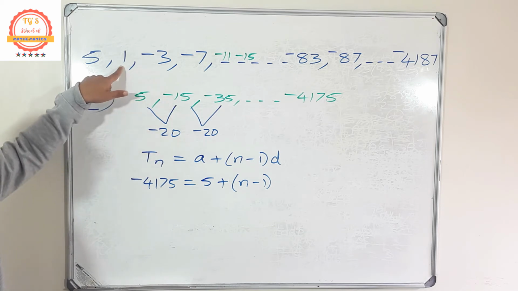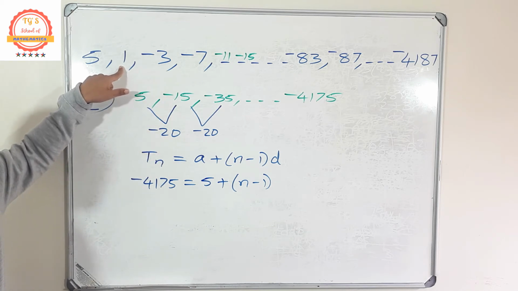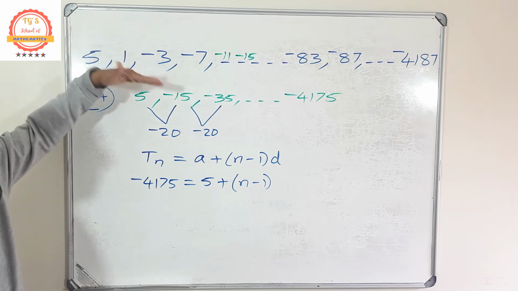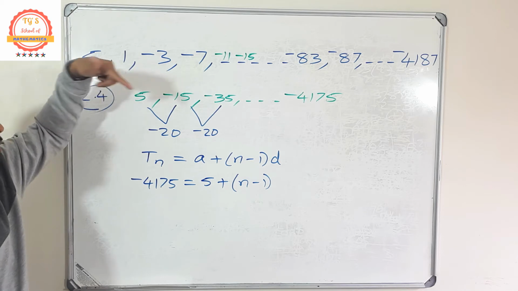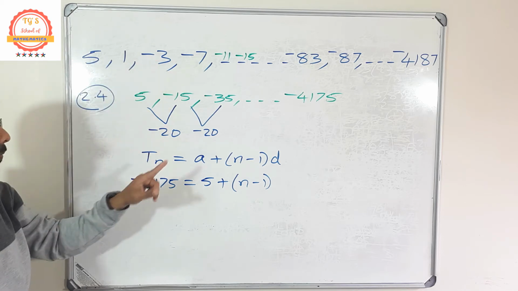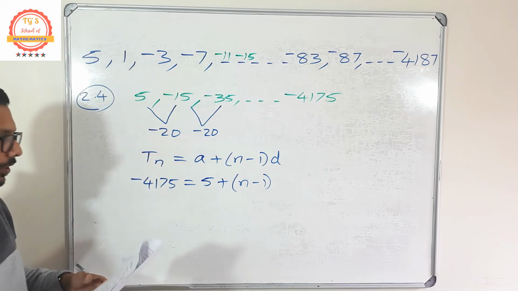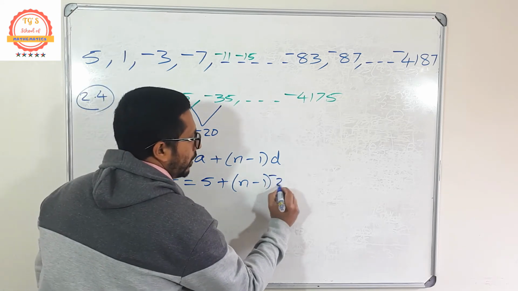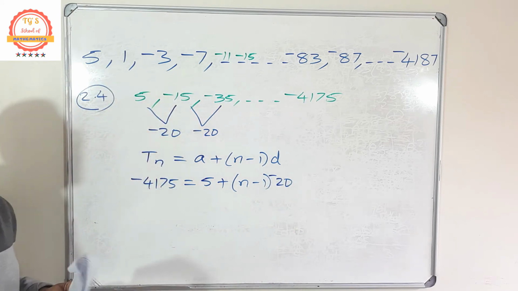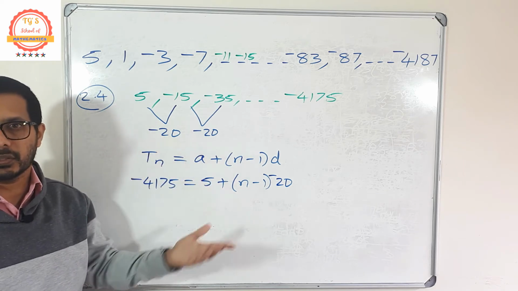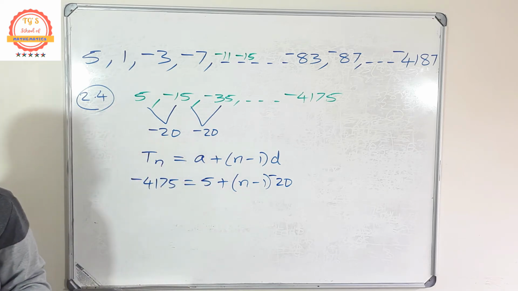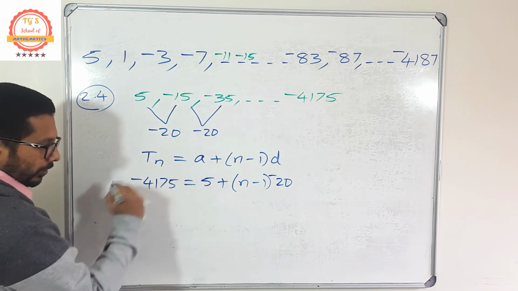Don't take this minus 4 as common difference, because we got another sequence from that given sequence that are divisible by 5. So in this sequence, what is the common difference? Minus 20. So from here we have to find the value of n. How many terms are there? How can you find the value of n from here? Take this 5 to this side.